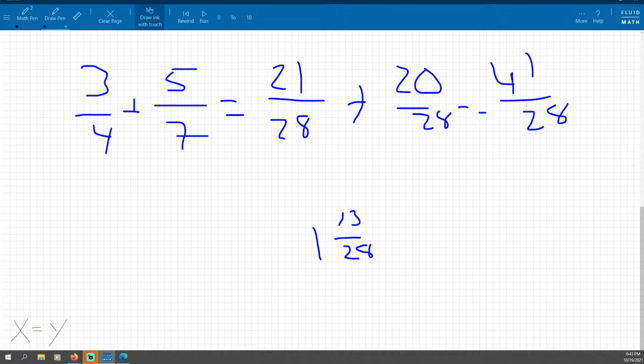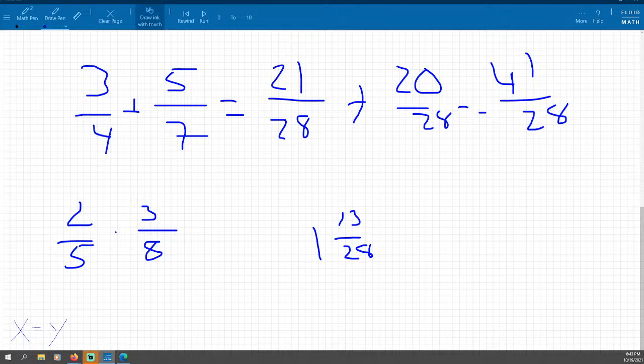Remember, multiplying fractions does not require a common denominator. And it's best practice to cancel any common factors in the numerator and denominator before multiplying. So if you have 2/5 multiplied by 3/8, you're going to want to reduce this first.